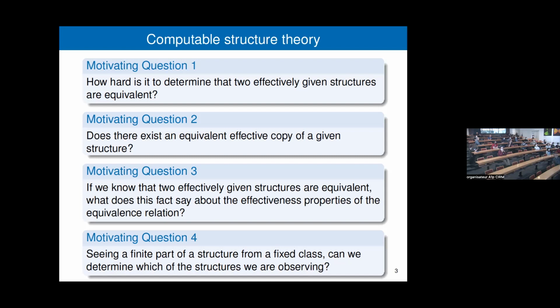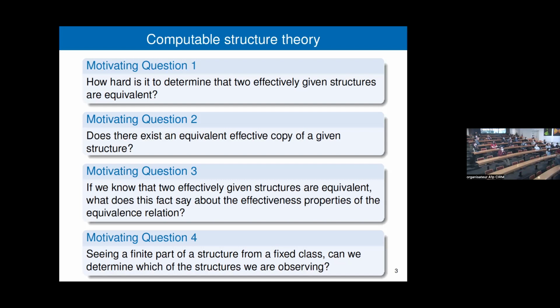The third type of questions is about computable categoricity, also up to bi-embeddability. We have 2 computable bi-embeddable structures, and we want to measure the complexity of those embeddings between 2 structures.